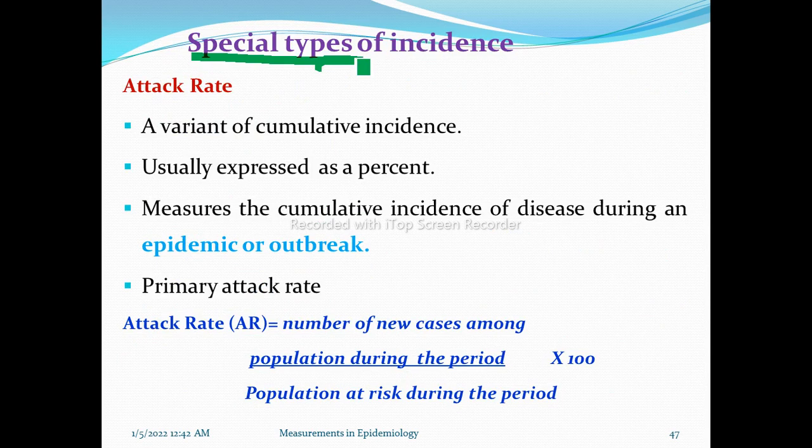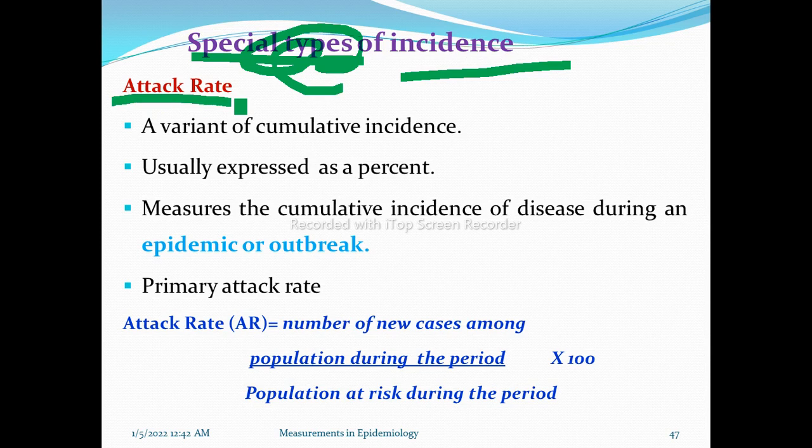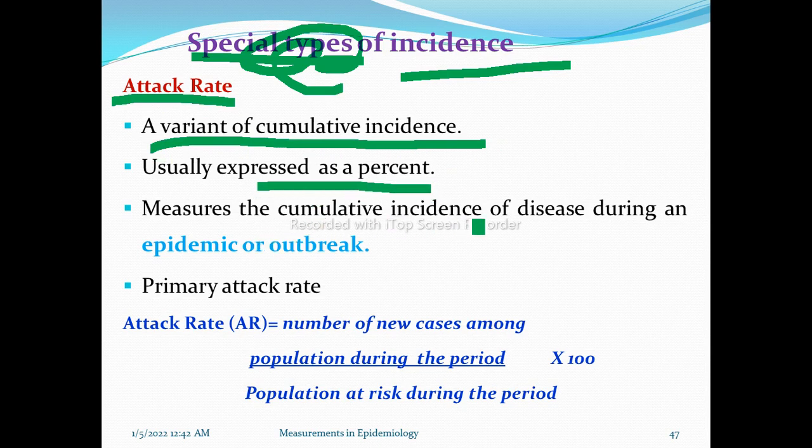Having this concept, there are also special types of incidence other than cumulative incidence and incidence density. The other is attack rate. Attack rate is a variant of cumulative incidence, usually expressed as a percent, that measures the cumulative incidence of disease during an epidemic or outbreak. So attack rate will be used in the case of an epidemic or outbreak.